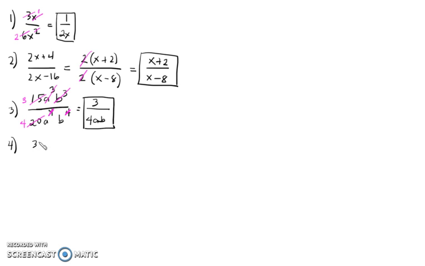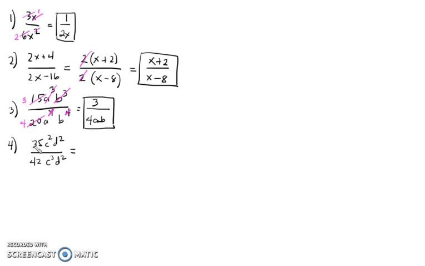Okay, so number 4, I have here 35c squared d squared all over 42c cubed d squared. So again look for the GCF.